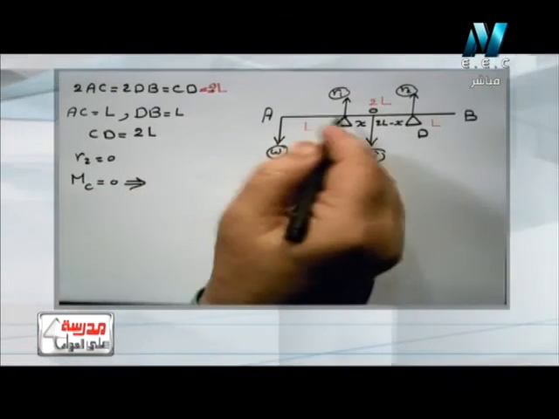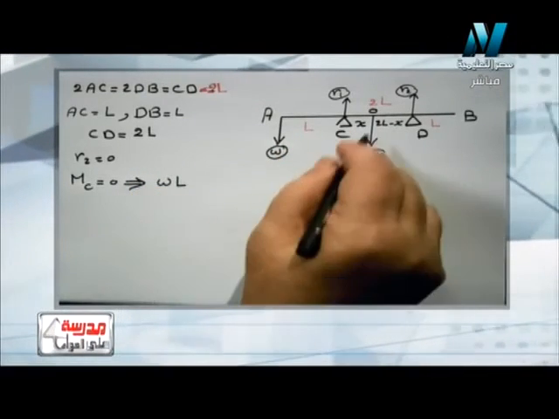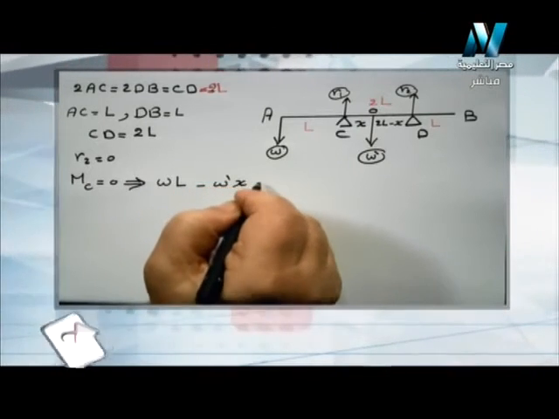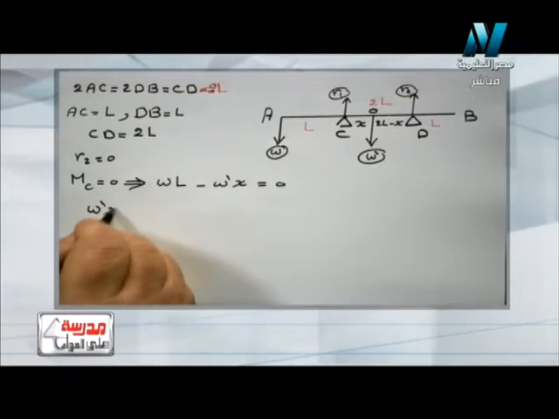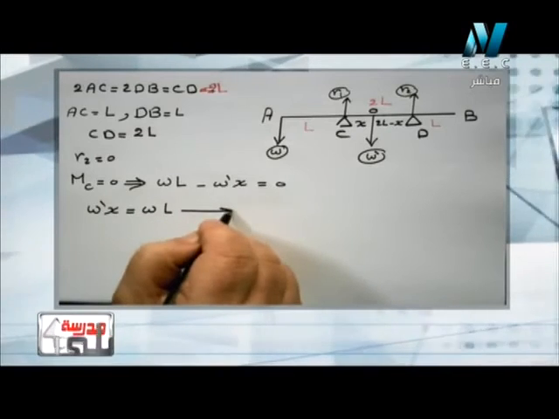Moment at C is WL minus W dash X equals 0, meaning W dash X equals WL. This is equation number 1.